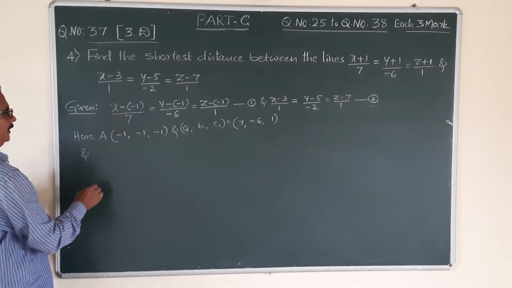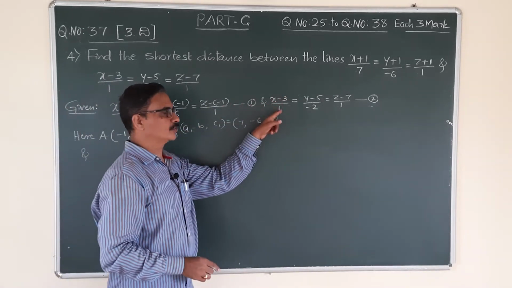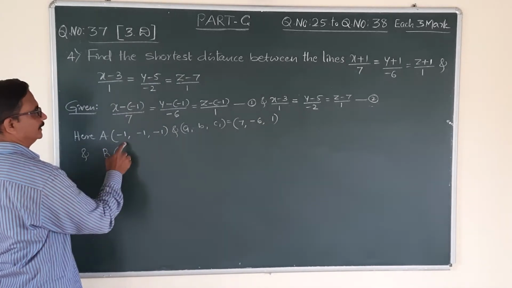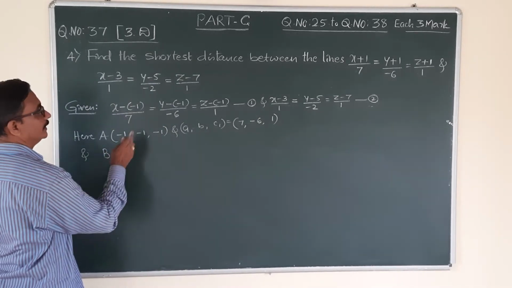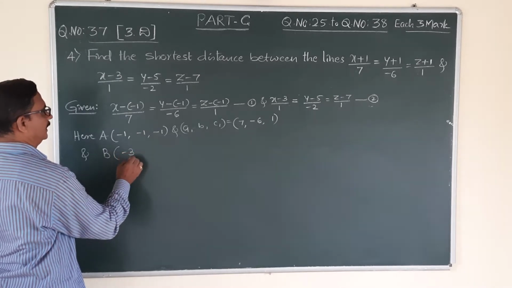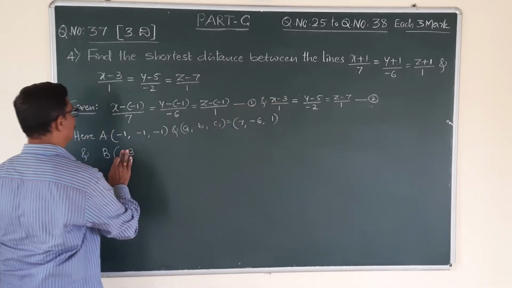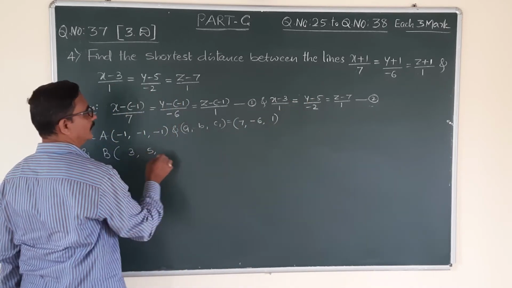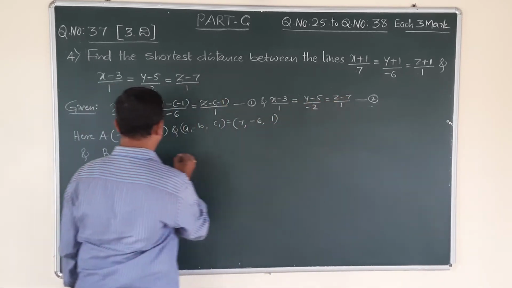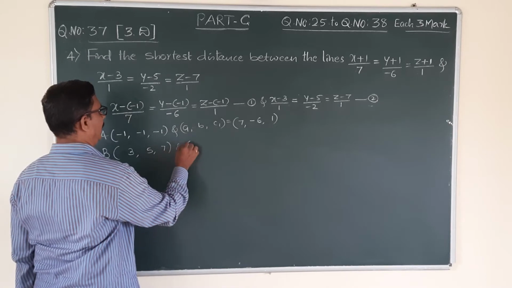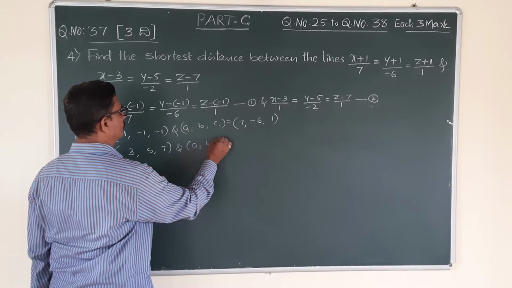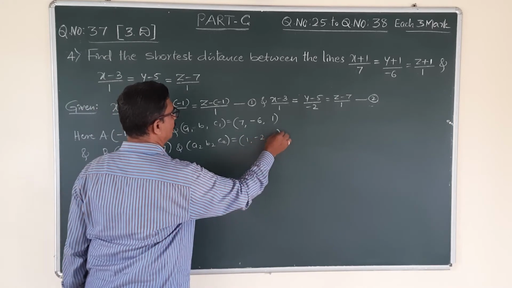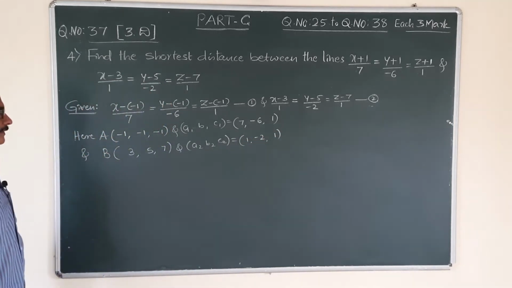And in the second equation, x minus x2 by a2, here b is a point, with x2 value 3, y2 value 5, z2 value 7, and a2, b2, c2 is equal to 1, minus 2, 1. These are the points.